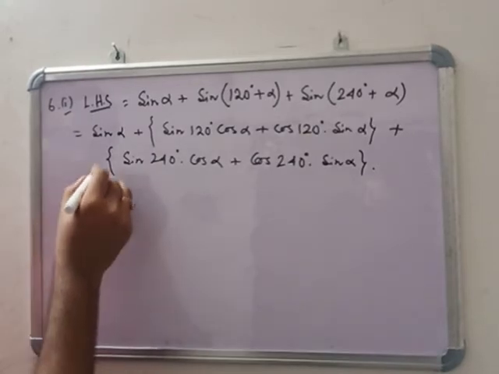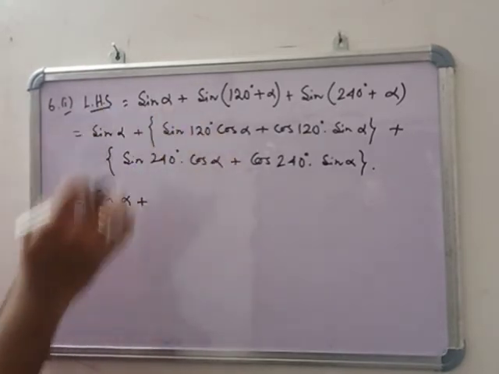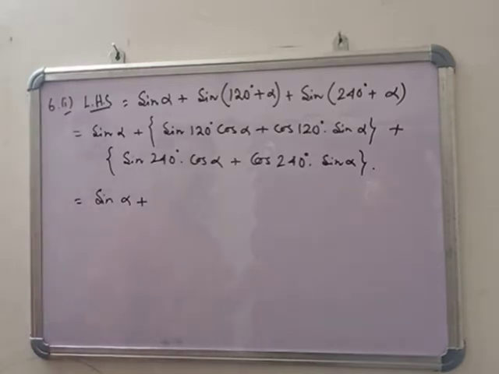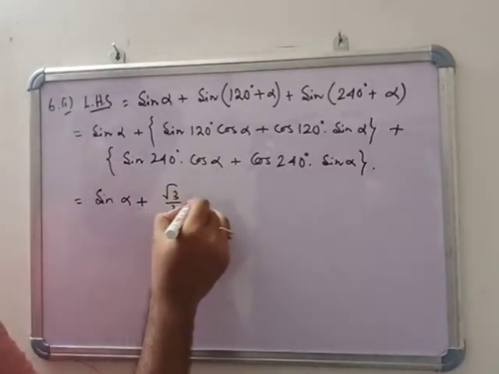Okay. Now sin alpha is the same as given. Now sin 120. The value of sin 120. So 90 plus 30. That means second quadrant positive. That means sin 30... that means root 3 by 2.